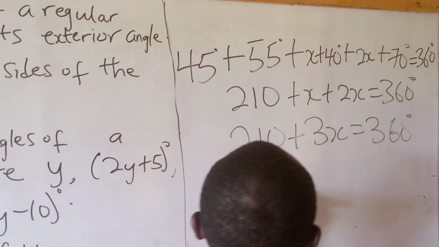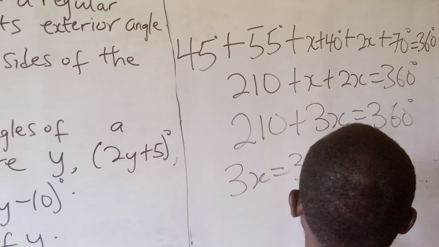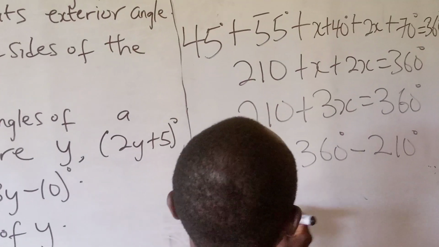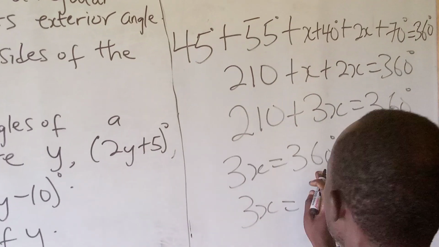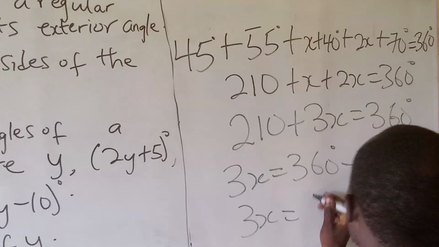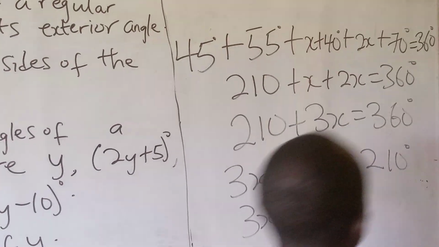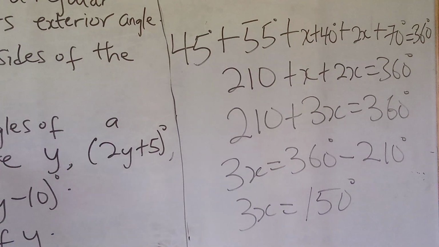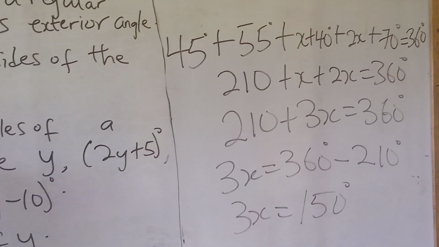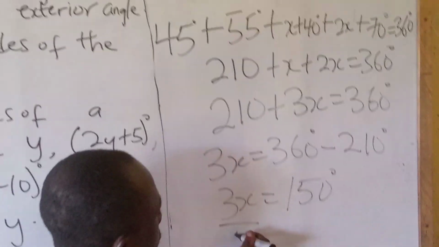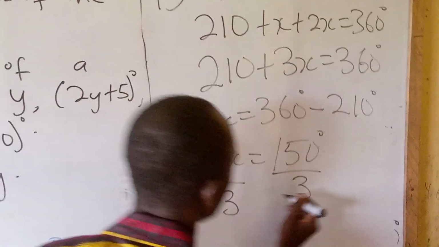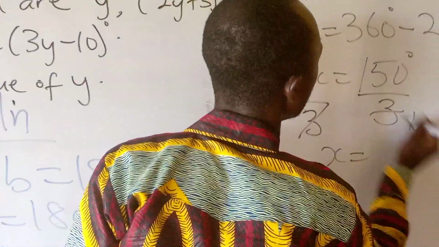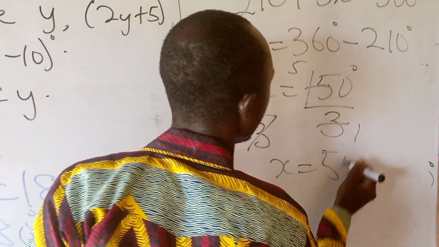So 3x equal to 360 minus 210. So 3x equal to 150. Once we are having this, you divide through by the coefficient of x. And coefficient of x here is what? 3. This cancels this. And x is equal to 50.